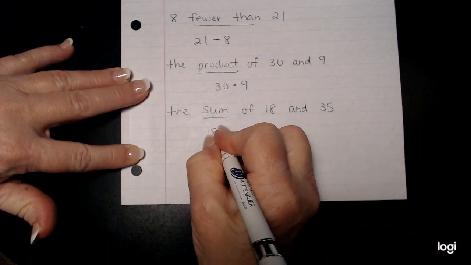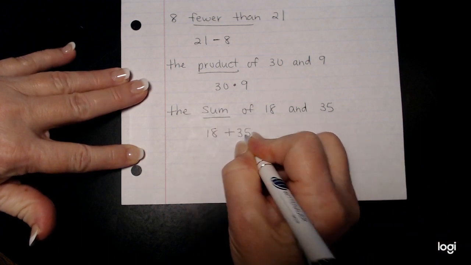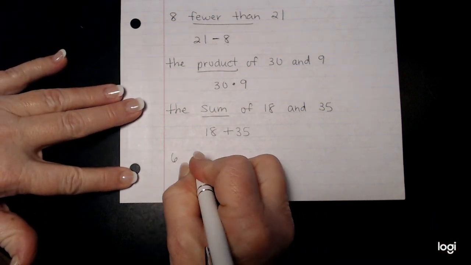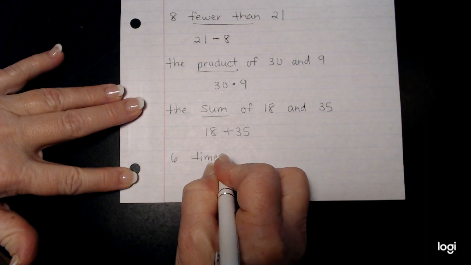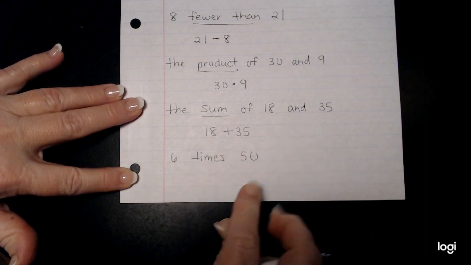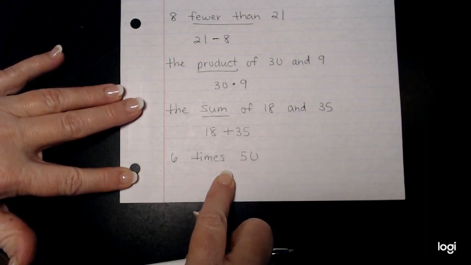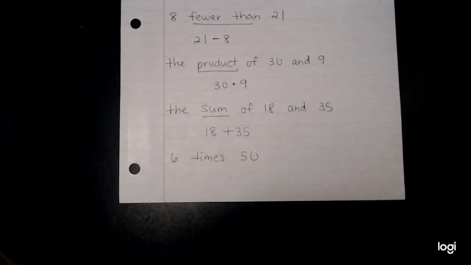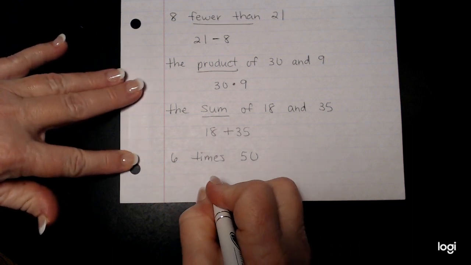All right, and the last one. 6 times 50. How would you write this one as a numerical expression? Only numbers, no variables. All right, times, we know, means something like this again. And you hopefully did 6 times 50.